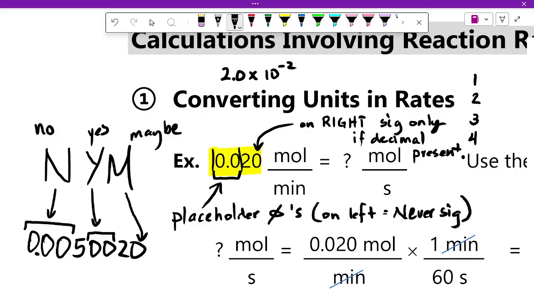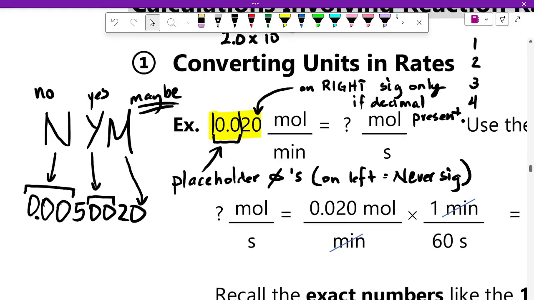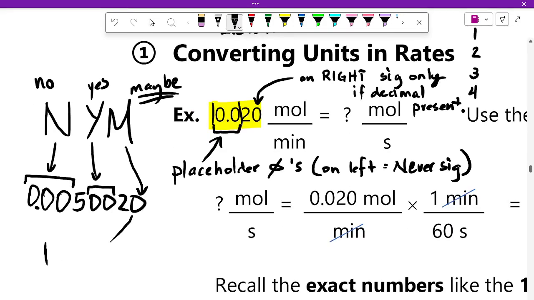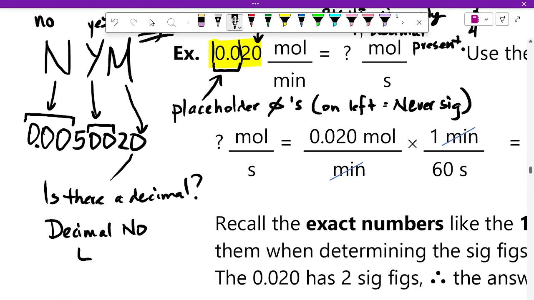Zeros on the left are placeholder zeros, and zeros to the right, maybe: you have to ask yourself, is there a decimal? If there is no decimal, not significant.